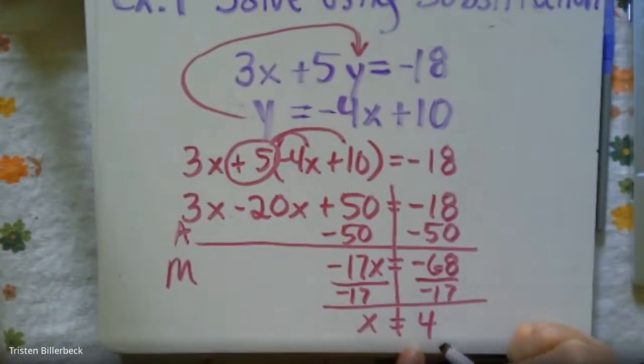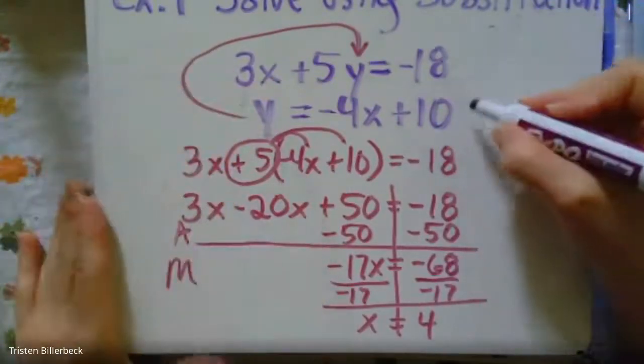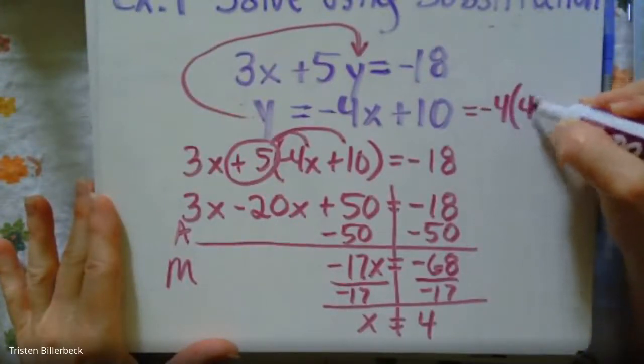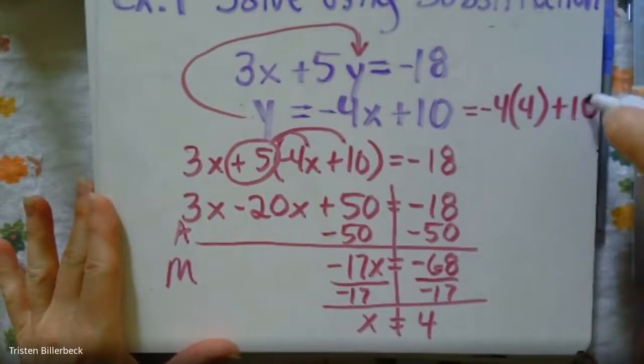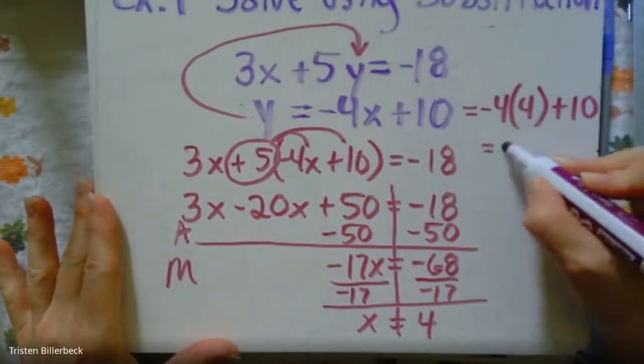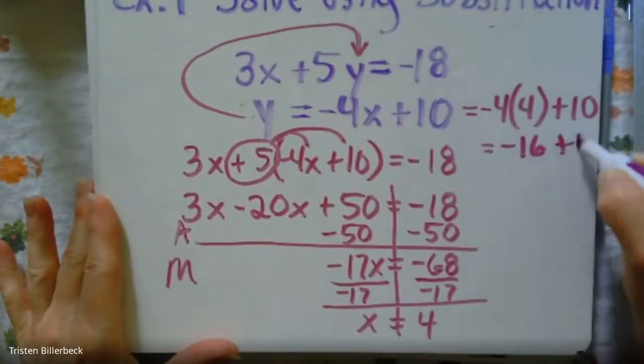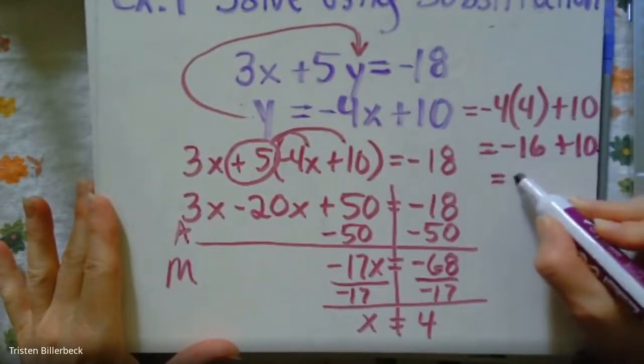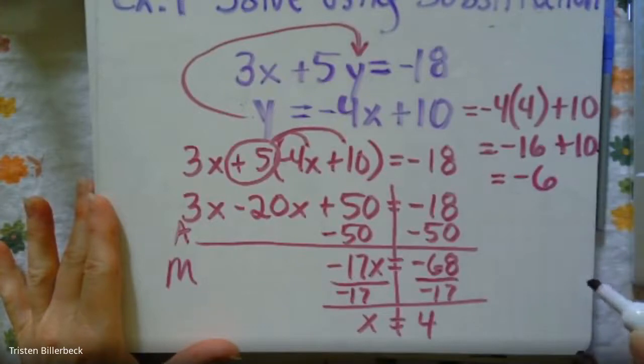So now I can take this x equals 4 and put it in here. So I have negative 4 times 4 plus 10, which gives me negative 16 plus 10. And that's going to give me negative 6 for my y.